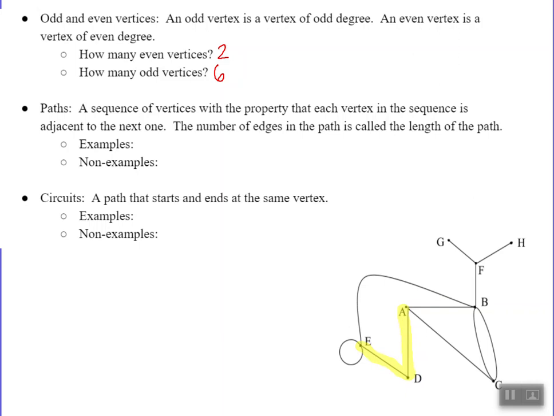That is an example of a path from A to E. So from A to E, you can go A, D, E. And this path has a length of 2 because we had to travel along 2 edges.